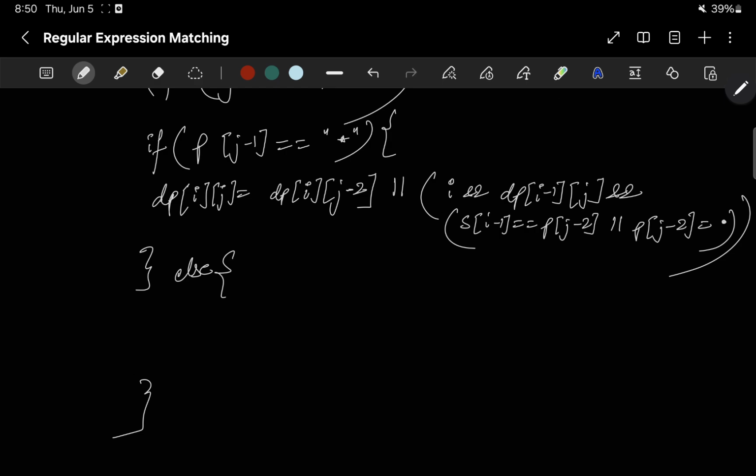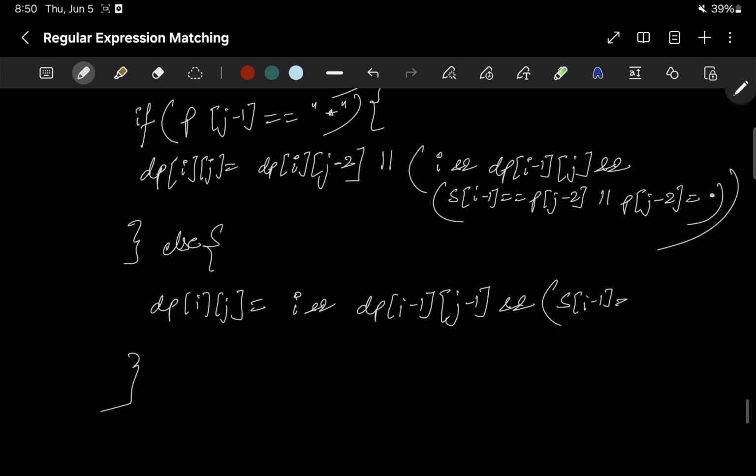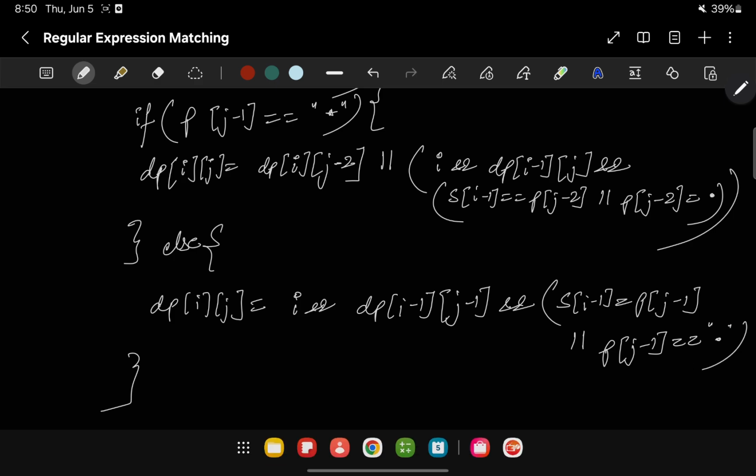And if it is not a star, then we will do dp of ij equals i, again i for checking that it's not 0, dp of i minus 1 j minus 1 and s of i minus 1 equals to p of j minus 1, or at the same time p of j minus 1 is equal to dot, right?